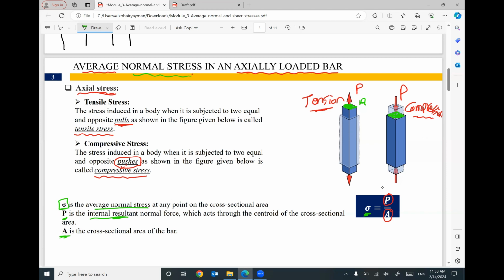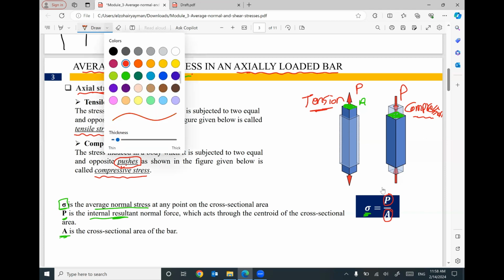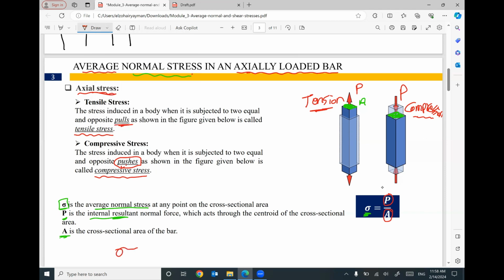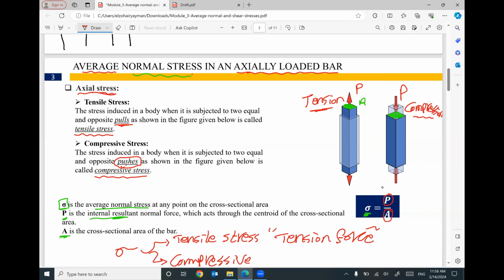Does that make sense? So just a reminder, the applied force can cause tensile stress if the applied force is a tension force. The applied force can cause compressive stress if the applied force is a compression force.